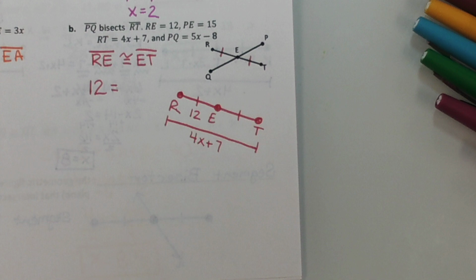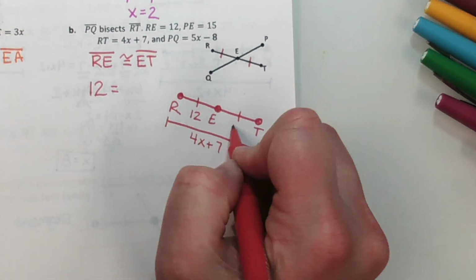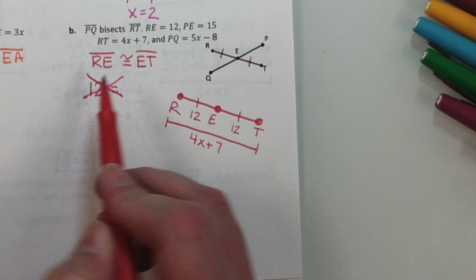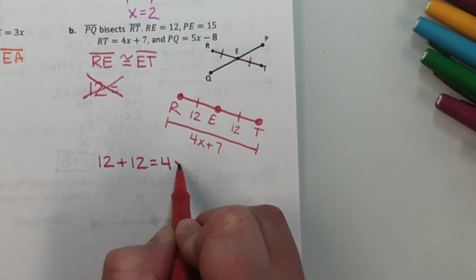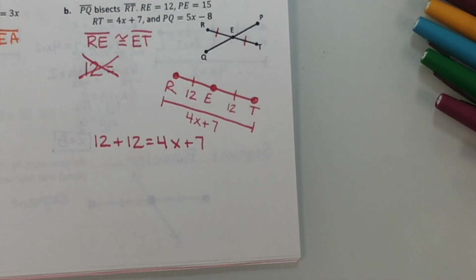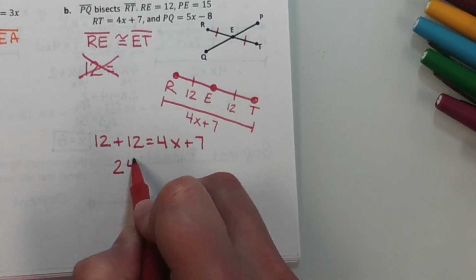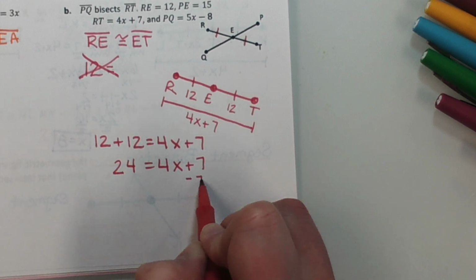If that's 12, that's 12. 12 plus 12 is equal to 4x plus 7. Part plus part equals whole. 12 plus 12 is 24, equals 4x plus 7. And from here, it's just solve.